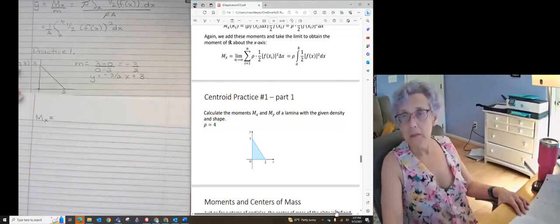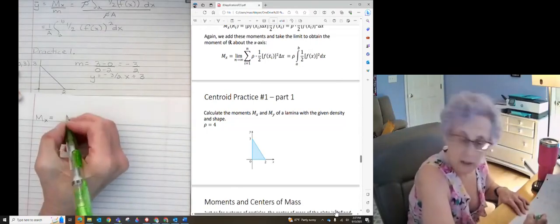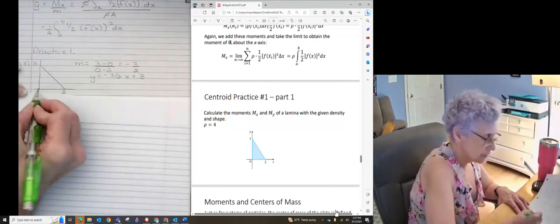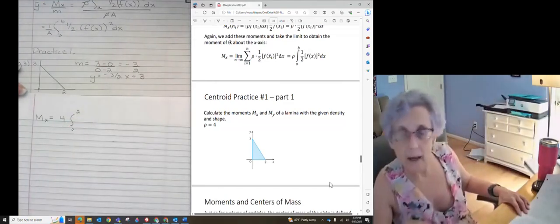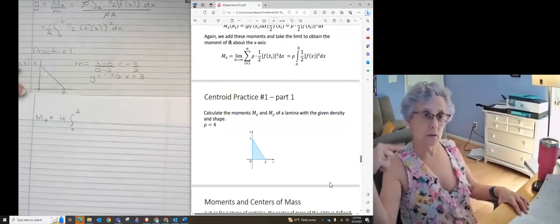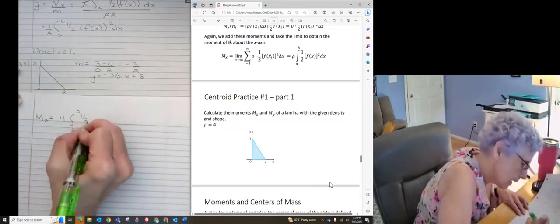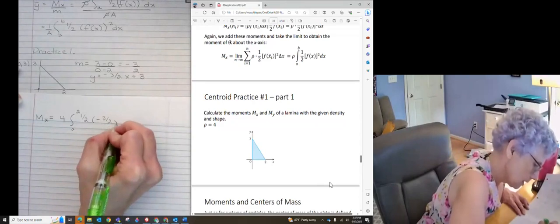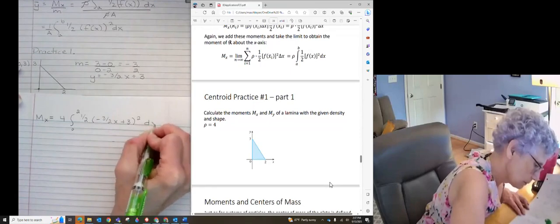M sub x is going to be equal to rho, which in this case is 4, integral from 0 to 2, 1/2 of minus 3/2 x plus 3 squared.